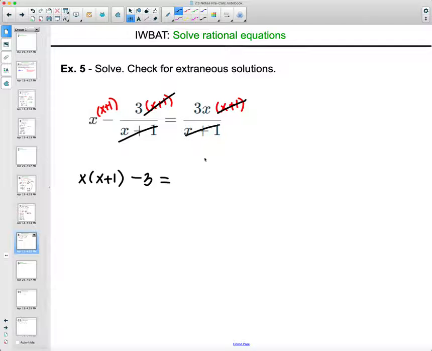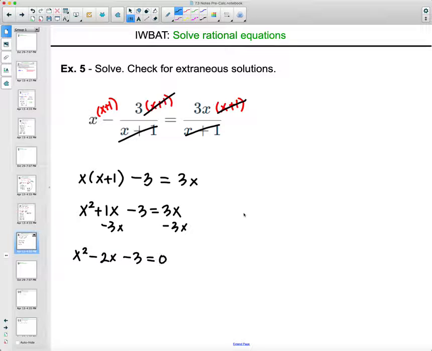And the x plus 1s cancel here, so we have 3x. Distribute: x squared plus 1x minus 3 equals 3x. Again we've got a quadratic, so we need to get everything to one side: x squared minus 2x minus 3 equals 0.